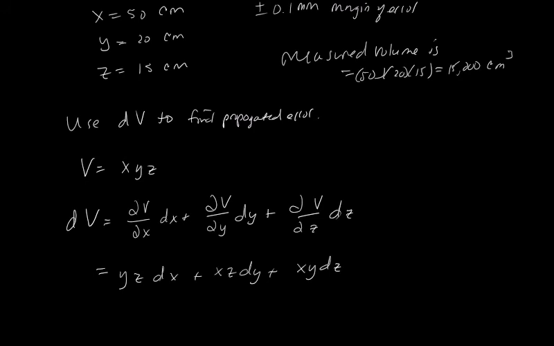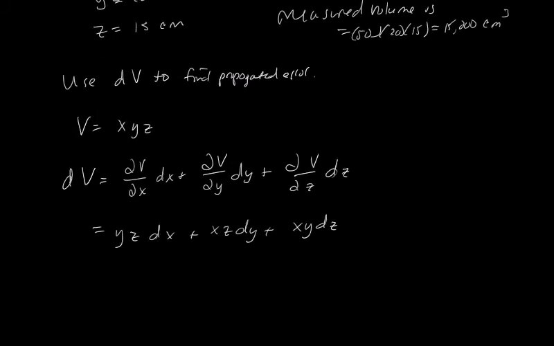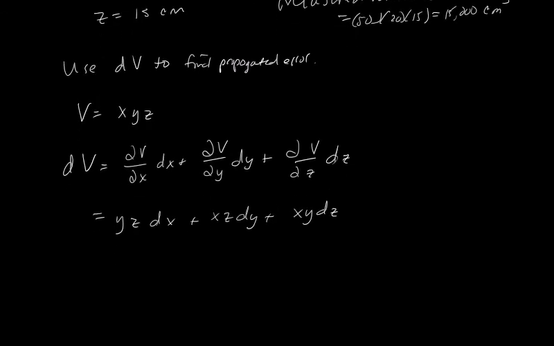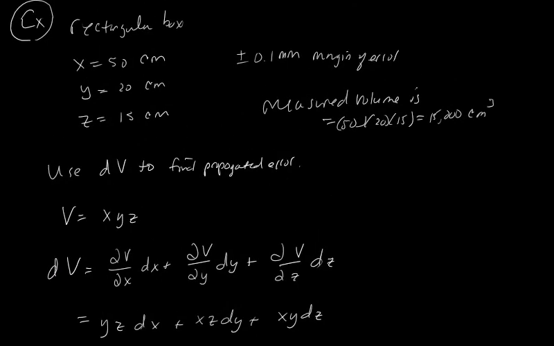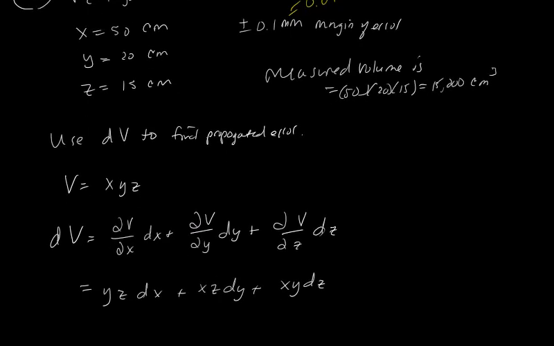Okay, so dx, dy, and dz is the possible change that we have, the plus or minus 0.1 millimeter. Oh, and by the way, since all of our dimensions are in centimeters, we should make a note that 0.1 millimeters is 0.01 centimeters. So that'll be our differential here for dx, dy, and dz.